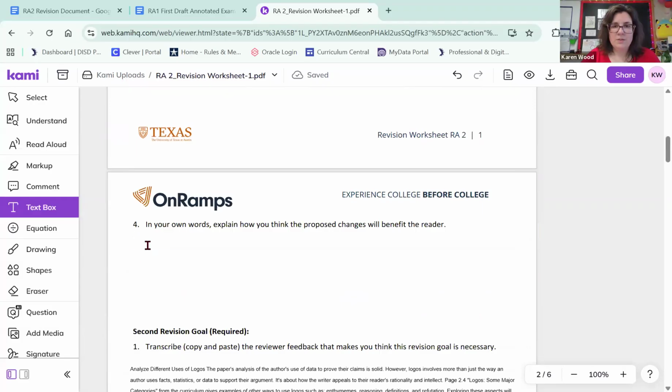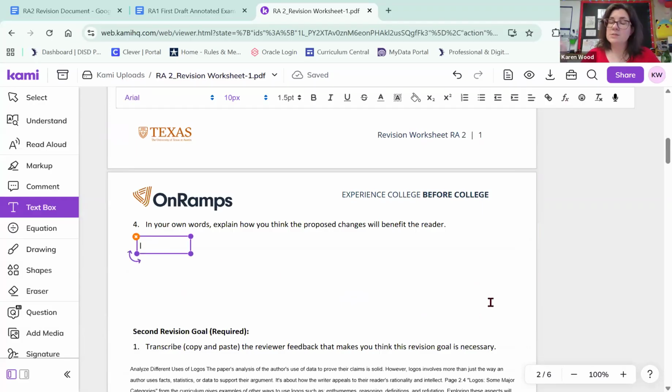So how do you think the proposed changes will benefit the reader? Well, this is going to be a huge change, okay? This is going to help the reader understand the controversy more clearly.